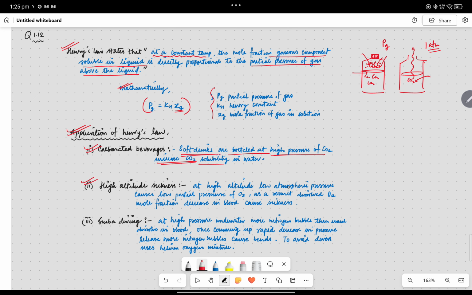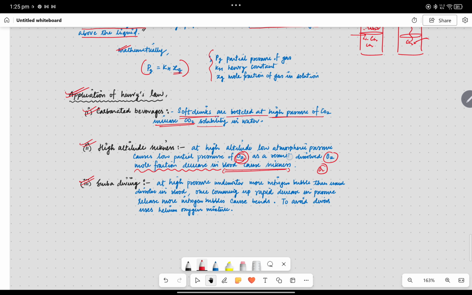At high altitude, low atmospheric pressure causes a low partial pressure of O2, and because of that, the mole fraction of gaseous O2 dissolved in our blood leaves our blood.